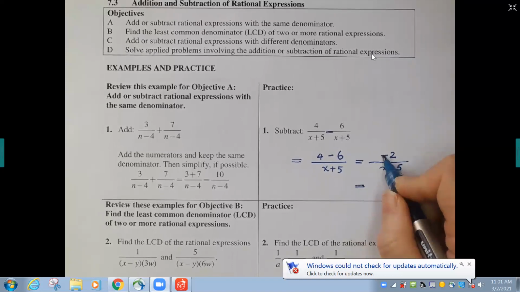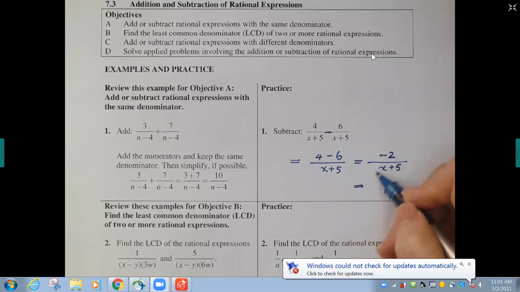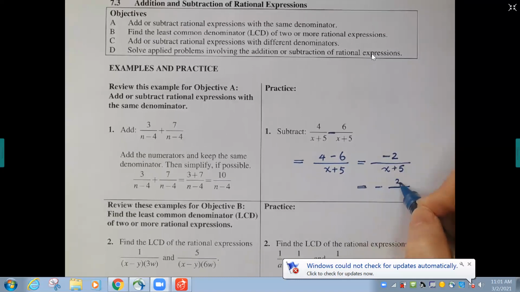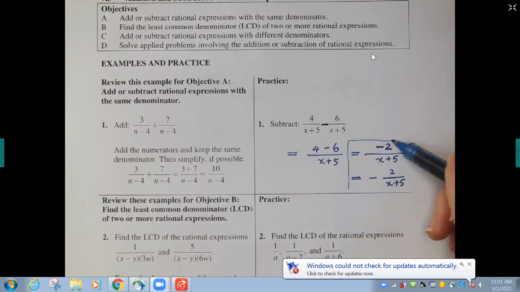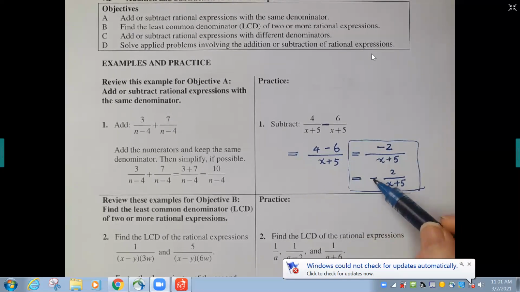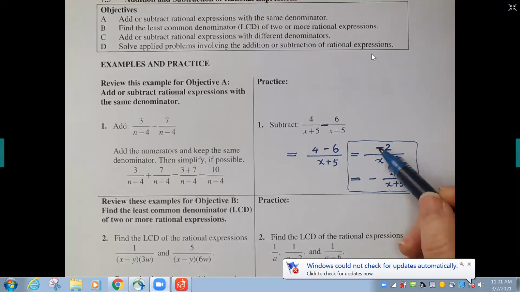If there is one negative sign on the numerator or on the denominator, you can always drag it out in front of the entire rational expression. The denominator remains the same. So those two answers are equivalent. You can leave the negative sign in front of the entire rational expression, or you leave the negative sign on the top. They're equivalent.